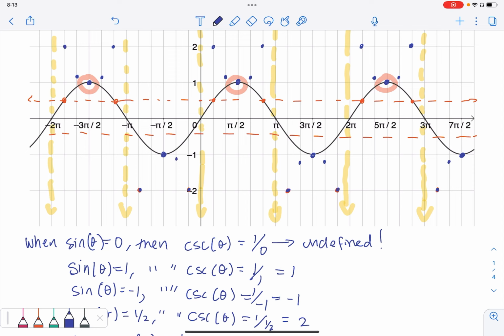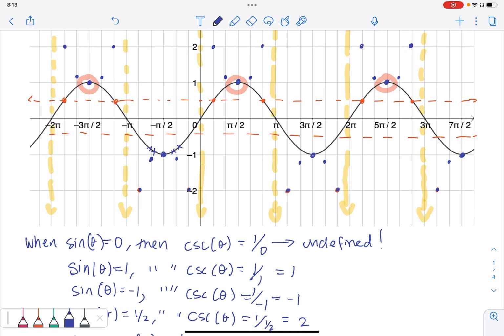So these outputs here for the sine function are just a little bit smaller than negative 1. By smaller I mean kind of towards the positive, so then those outputs are going to be a larger negative value in terms of the absolute value.